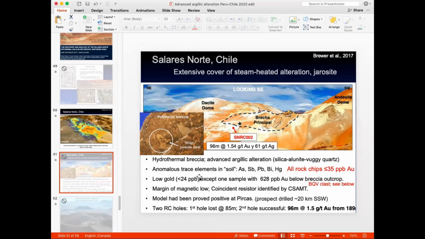I think there were 500 or 600 samples, except one sample of 0.6 grams. And in fact, that one sample of 0.6 grams was, I think, related to a pre-mineral banded quartz vein in the fragments of the hydrothermal breccia, not related to Salares Norte brecciation. It was fortuitous. But the company would have drilled this area even if it hadn't been for that one single sample. And all the rock chips in the area were less than 35 ppb.